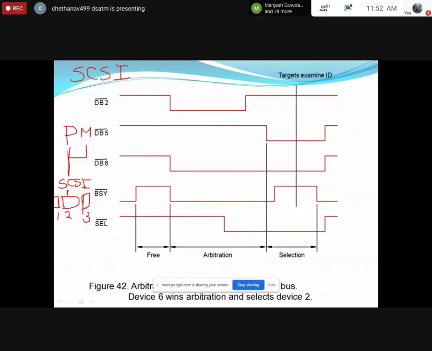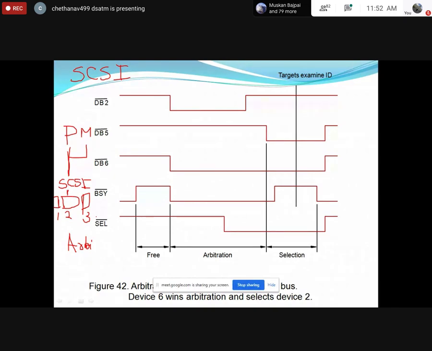At that time, what we have to do is the operation of arbitration. The very basic thing is arbitration. What is arbitration? Out of these three disks, we have to select which disk, right? The higher the priority, the disk will be chosen.